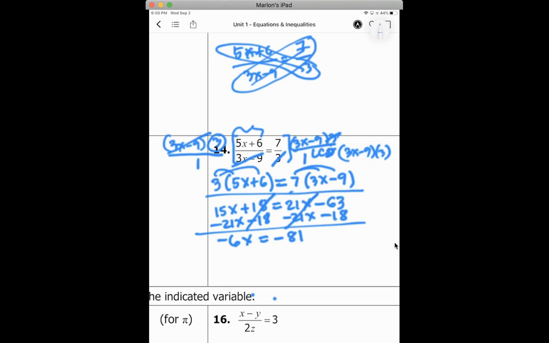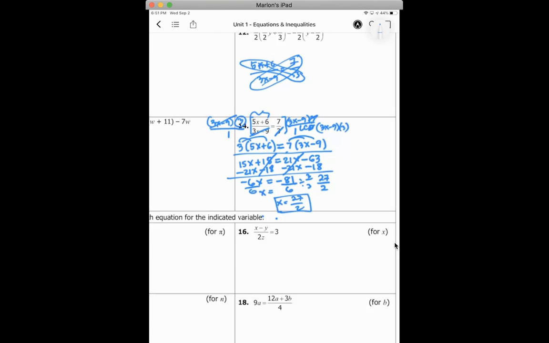So negative 81 divided by negative 6, x is equal to what? 81 and 6, they are both divisible by 3. So that's 27 over 2. That is your x. 27 over 2.